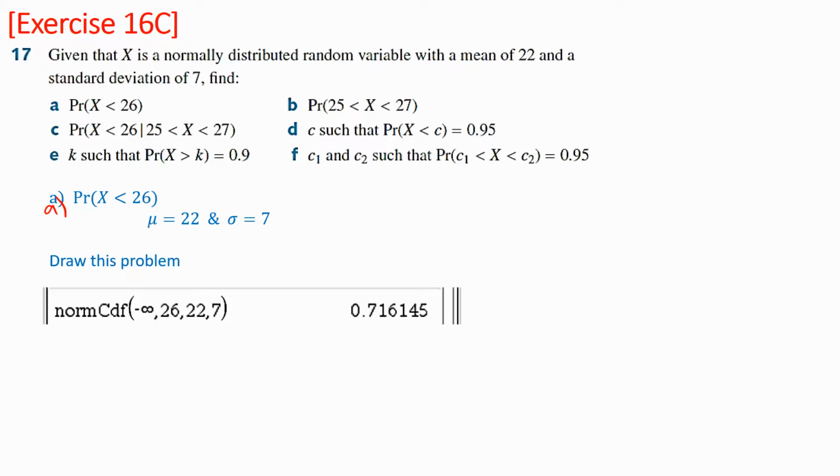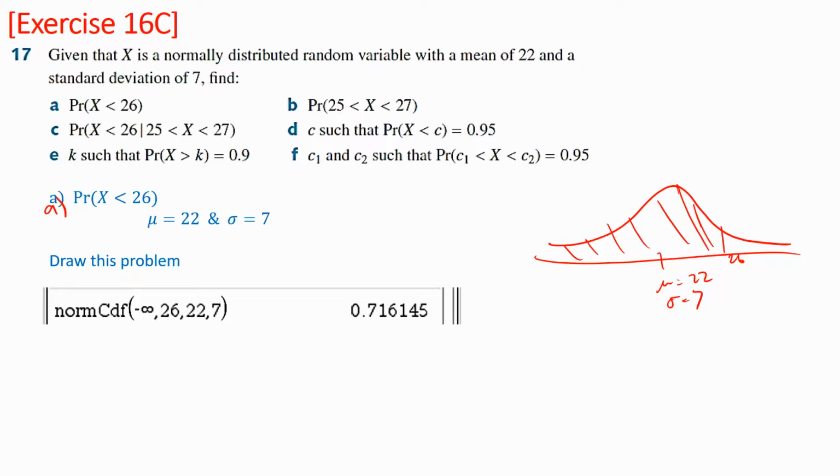What's my standard deviation? 7. Back then I didn't have that. Back then I had to convert, I only had mean 0, standard deviation 1, and then I had to work out what that Z value would represent. So what I'm trying to say is, this is what your current graph is. Your mean is 22, standard deviation of 7, and you're trying to find the area from 26 and below. I couldn't do that back then.